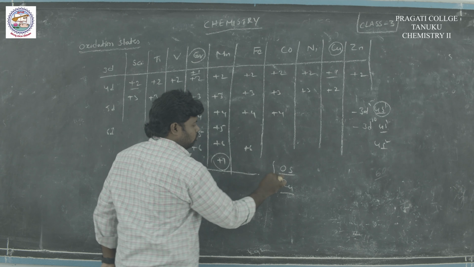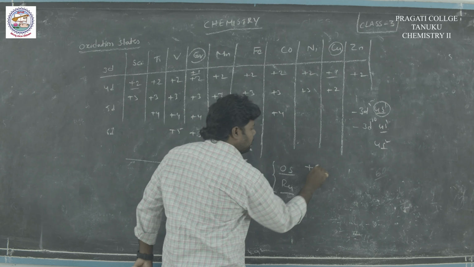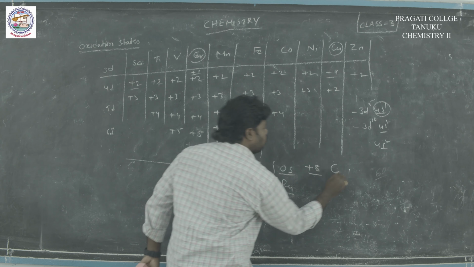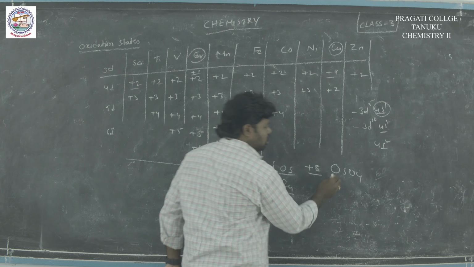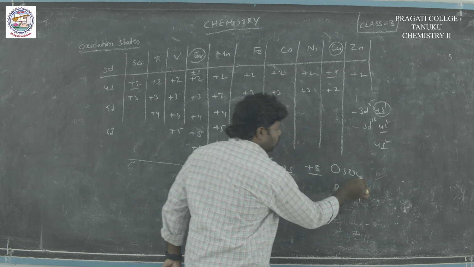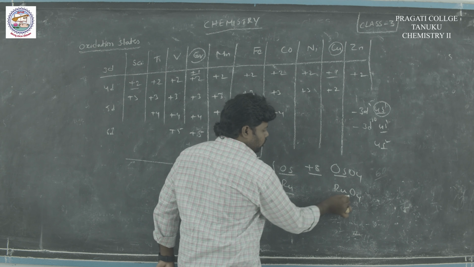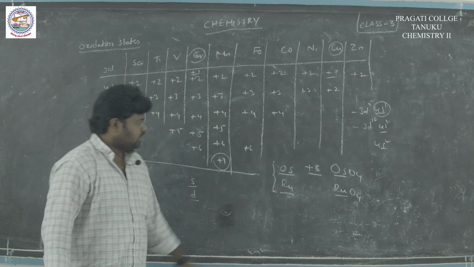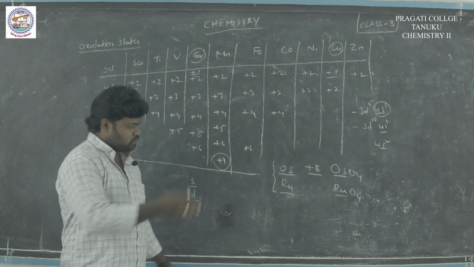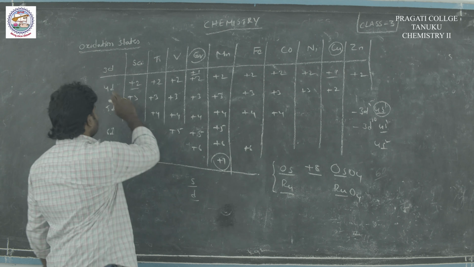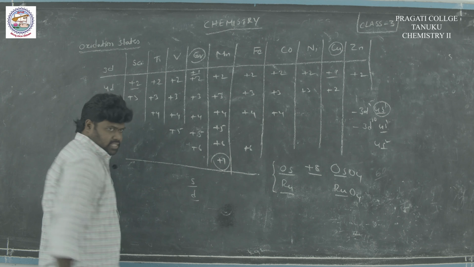Osmium and ruthenium both exhibit the +8 oxidation state in the compounds OsO4, osmium tetroxide, and RuO4, ruthenium tetroxide. This is the highest oxidation state exhibited by elements in these compounds. In the 3d series the highest oxidation state is +7.